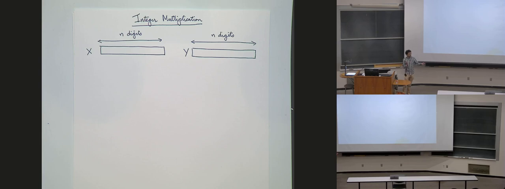And then you have to make n additions, right? Now, addition is linear time. If I give you two n-digit numbers and ask you to add them, that's just O of n. So it's O of n, and you're doing that n times.